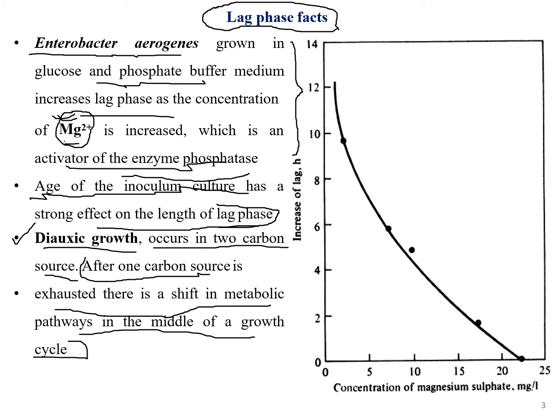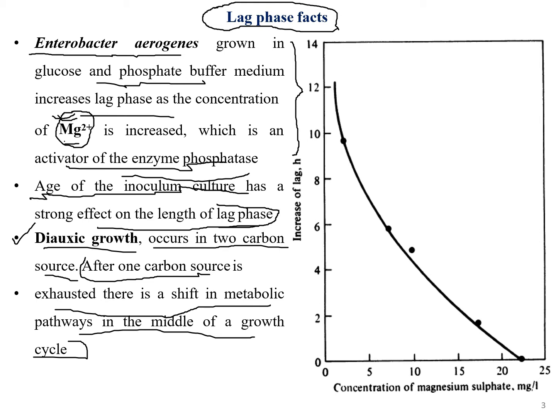So when the bacteria moves from the lag phase to the exponential phase, if there is exhaustion or scarcity of a carbon source, let's say glucose, then at that point it shifts to a different carbon source in the middle of the cycle to continue its growth.